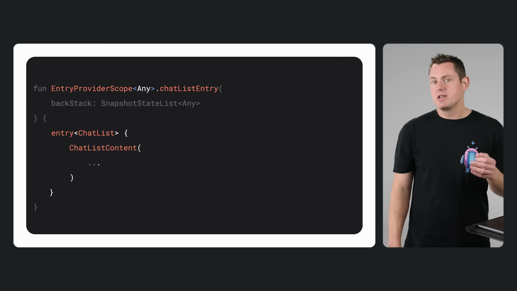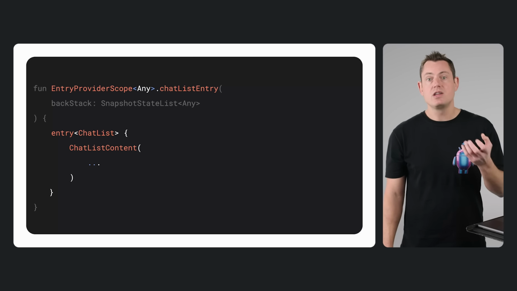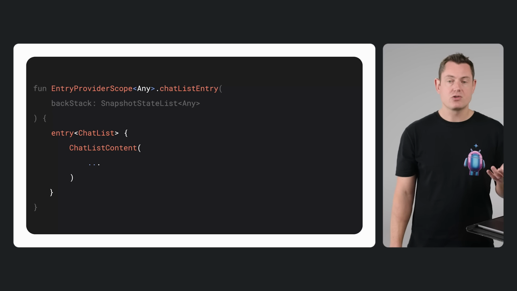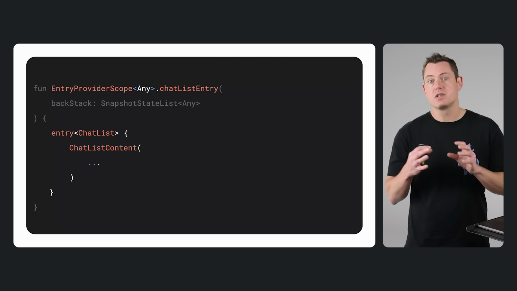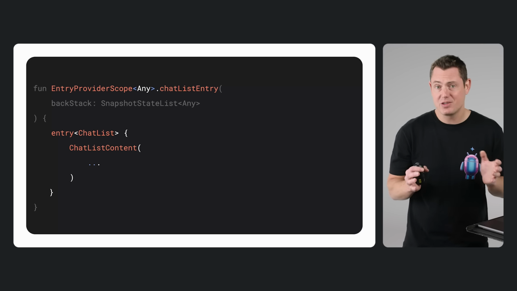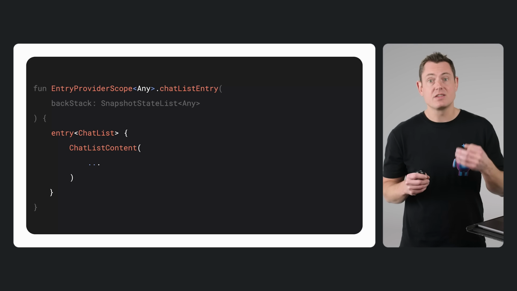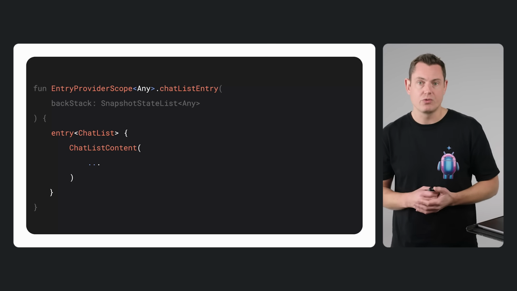Instead of calling entry directly inside the entry provider builder, you can extract each one into its own extension function on the entry provider scope provided by the DSL. And we can move those extension functions into separate modules. You don't have to do it this way. This is really just to show you that it's easy to separate nav entry creation for different features or modules.